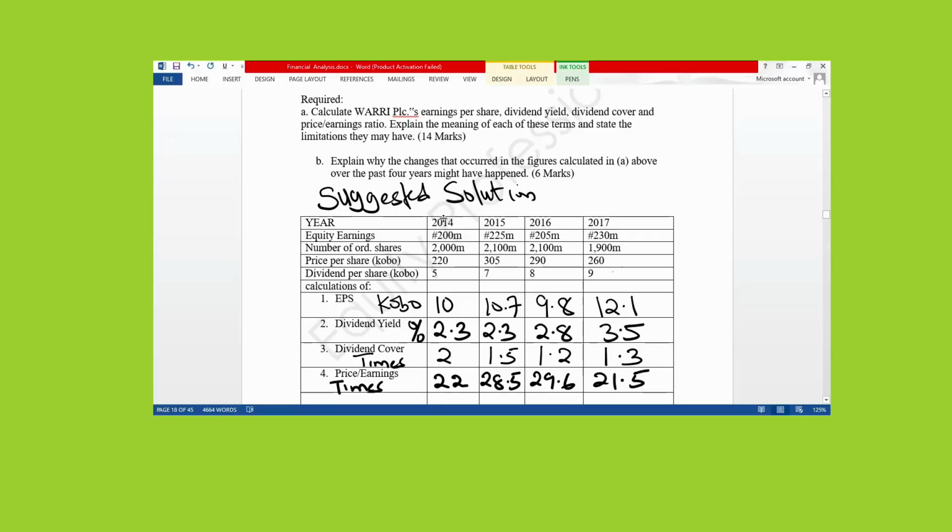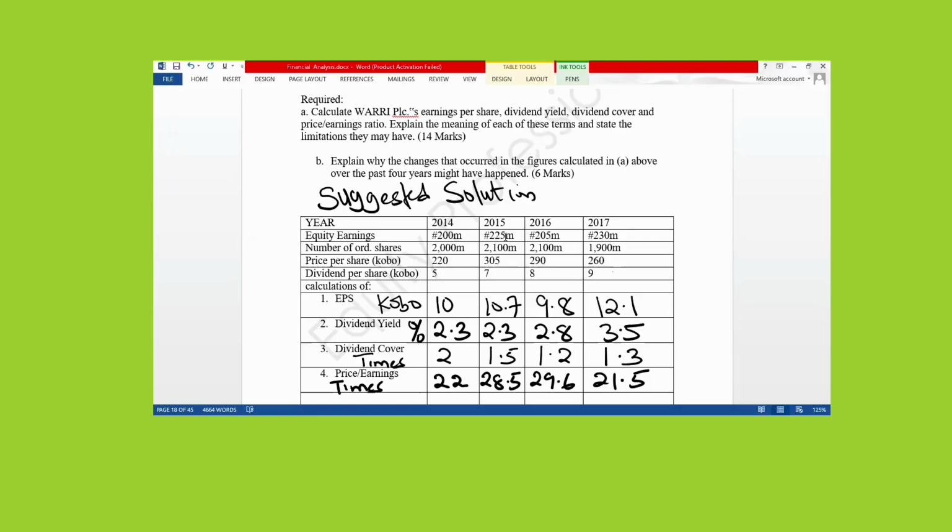Now check. Between 2014 and 2015, equity earnings increased by 12.5%. The increase in equity earnings is less than the increase in dividend per share.